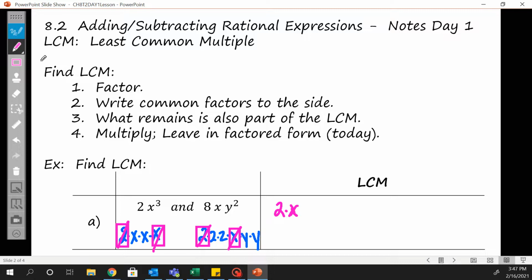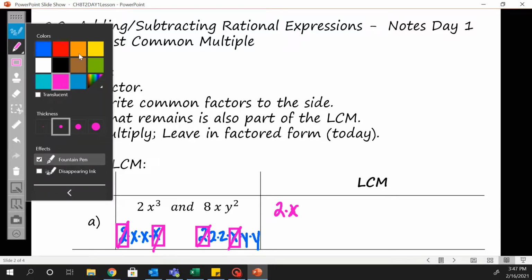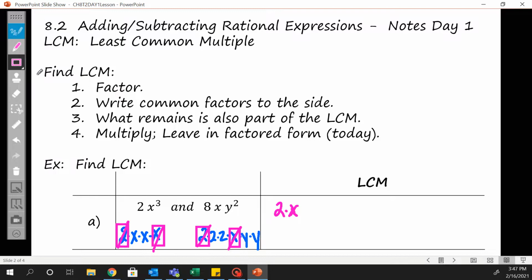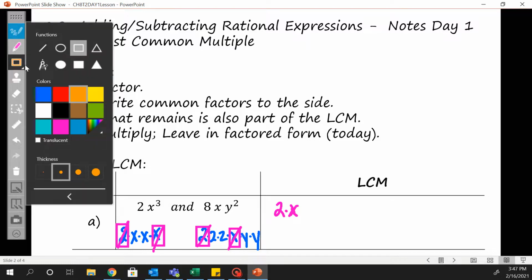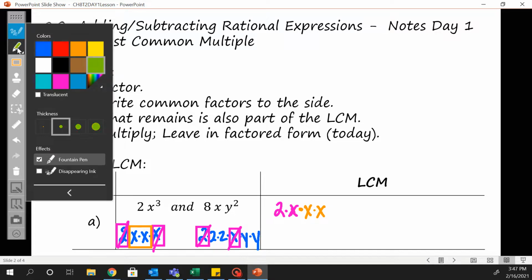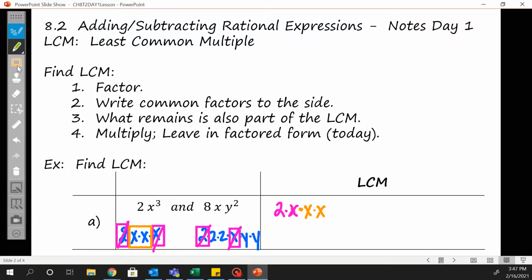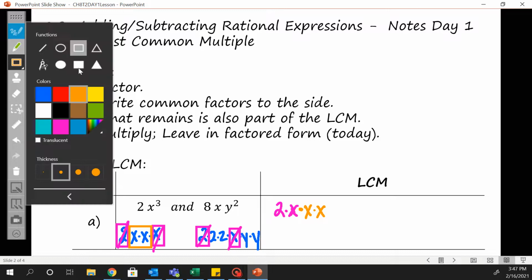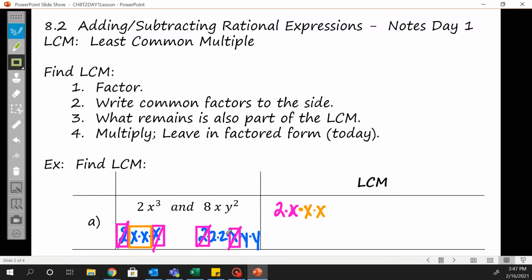Now, what's also part of the LCM is what's left for each of these. So for this one, we got x times x remaining. And for the other one, we've got 2 times 2 and y times y.